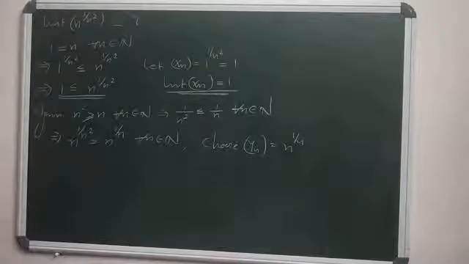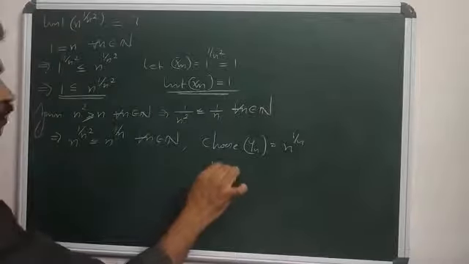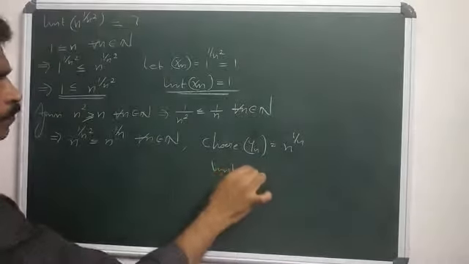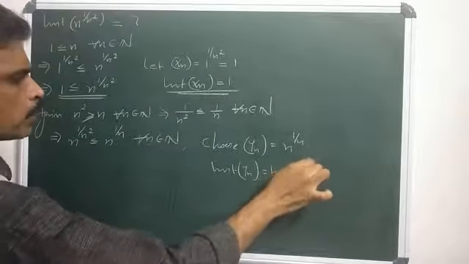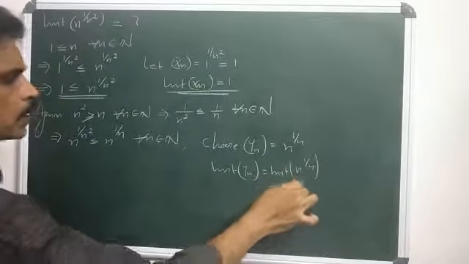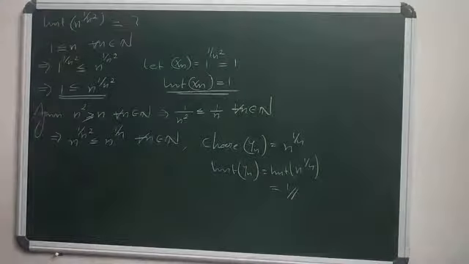What is the limit of yn? Limit yn equals limit n to the power 1 by n. We know that as n goes to infinity, the limit of n to the power 1 by n is also 1. That's a familiar result.